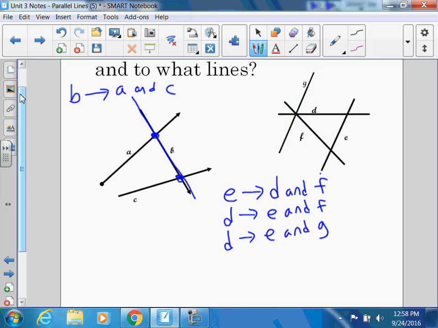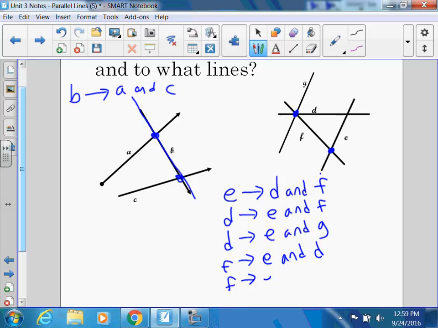The last line we need to look at is F. F is a transversal. It intersects E at this point and D at this point. So F is a transversal to E and D. But F is also a transversal to E, intersecting at this point, and G, it intersects at that point. F is intersecting G and E at those 2 points.